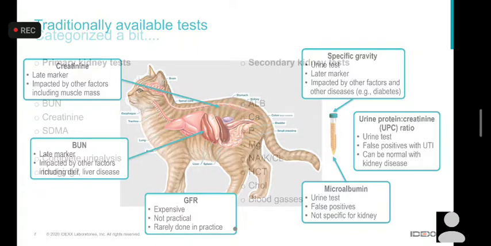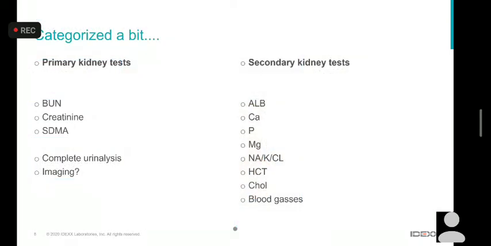If we want to categorize them a little bit, I really like putting things into buckets. That's maybe just the way my brain works. We have some primary kidney markers and some secondary kidney markers. In the traditionally available panels in a clinic, the primary ones are really BUN, creatinine and SDMA. They all give you an indication of the filtration.